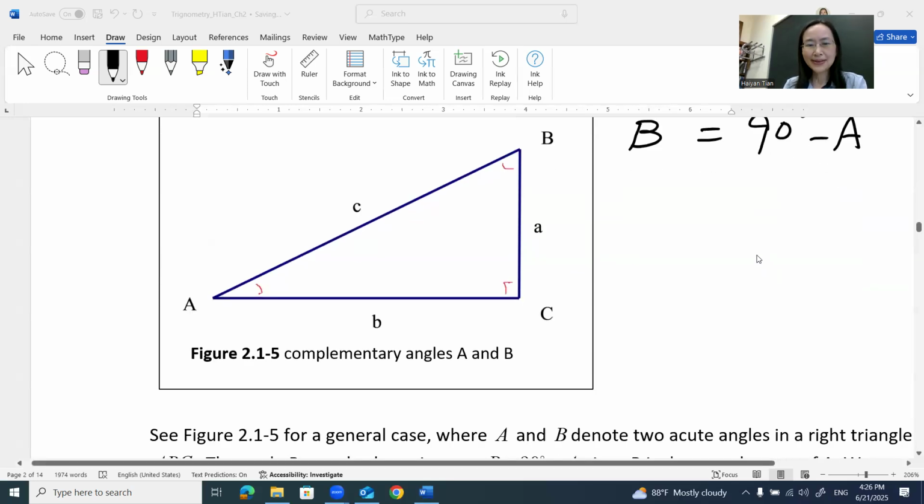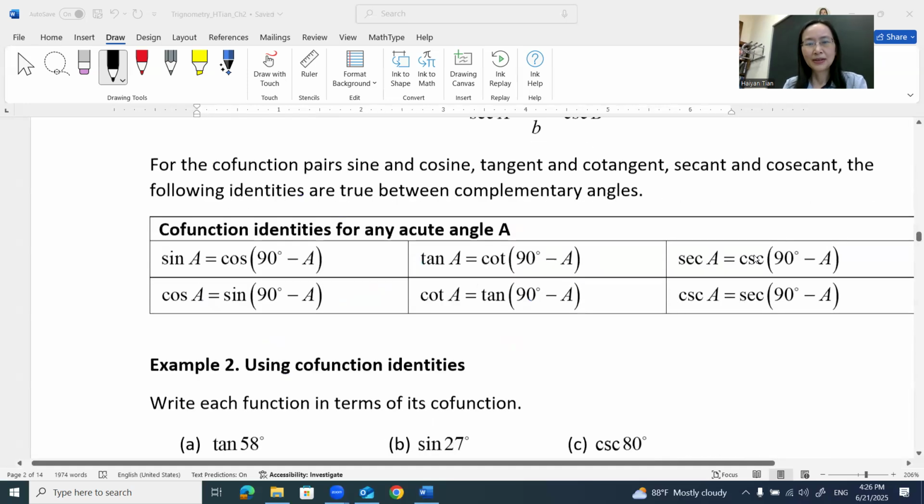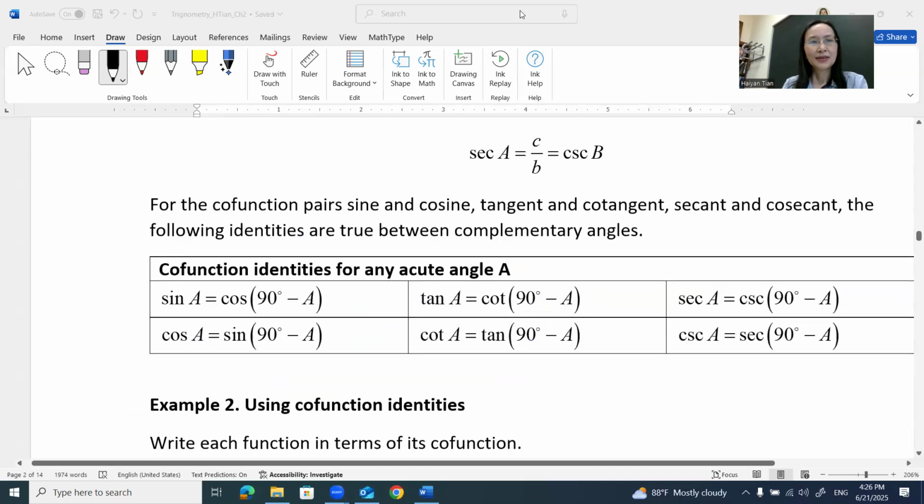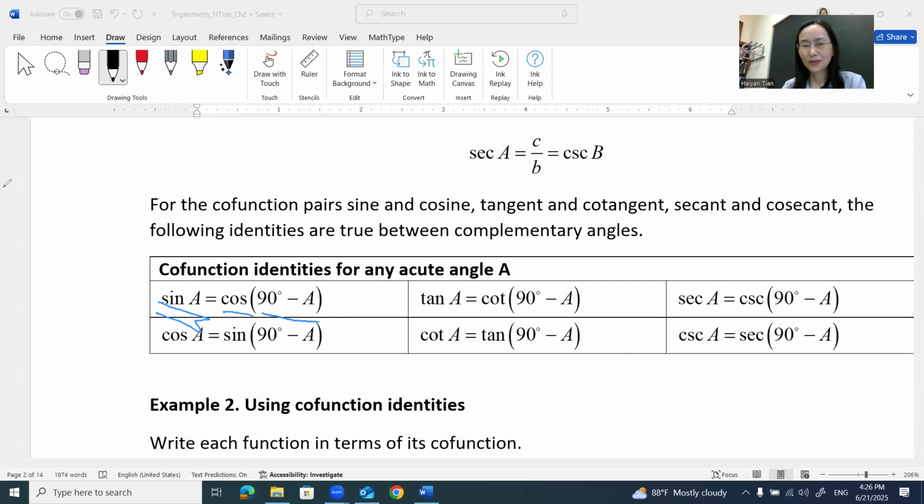So to summarize the property, the cofunction identities: sine A equals cosine of the complement of A, right?